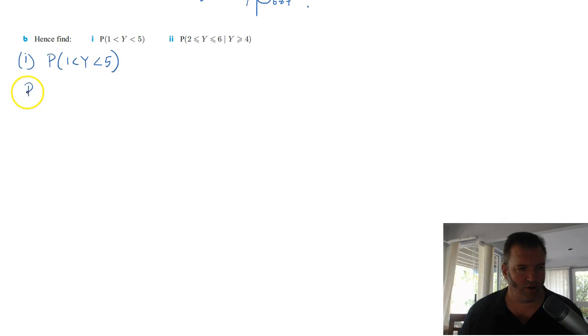So I'm going to need Poisson cumulative distribution up to 5, so less than 5, so that's actually up to 4. And I'm going to have to subtract the Poisson cumulative distribution.